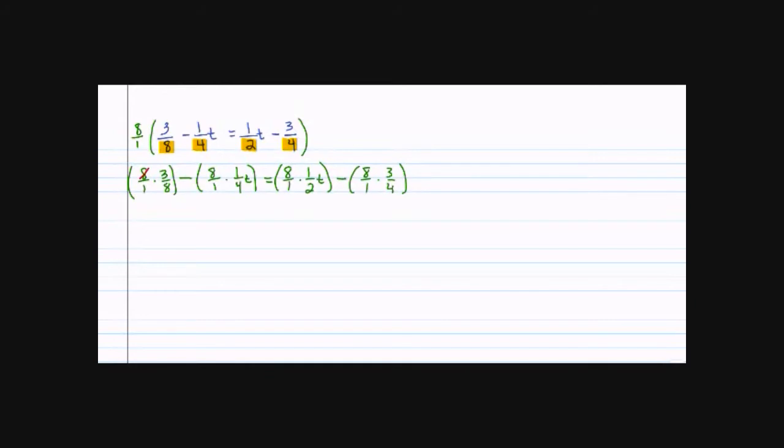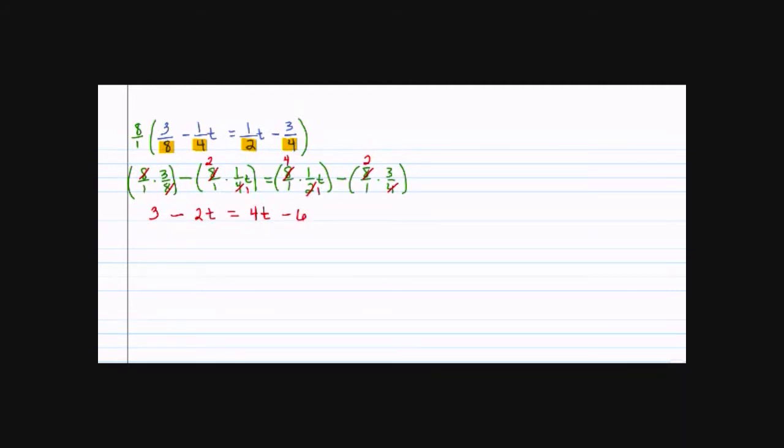I can cancel my 8 and 8, and 3 over 1 is 3, minus 4 goes into 4 once, 4 goes into 8 twice, 2 times 1 is 2t, equals 2 divided by 2 is 1, 8 divided by 2 is 4, 4 times 1 is 4t, minus 8 divided by 4 is 2, and 2 times 3 is 6.